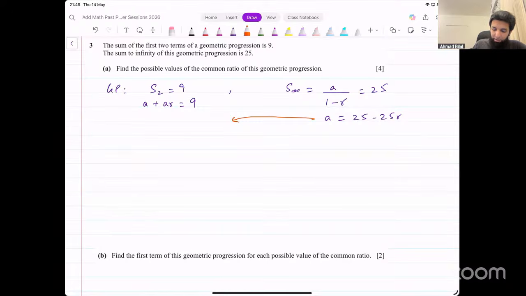Now, if we do that, in the first equation, I'm just thinking it might become slightly more efficient if I just leave it like this, 25 into 1 minus R. In the other equation, I could write this as A into 1 plus R equals 9. 1 minus R into 1 plus R, that could make things more efficient, right? Okay, so let me explain my thinking behind it.